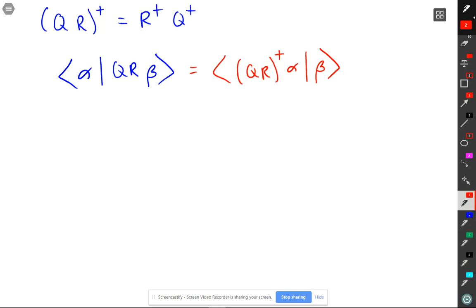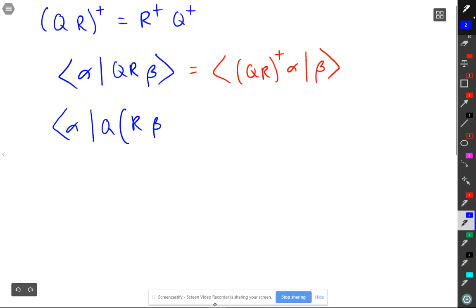Another way would be to use the properties we've seen of our vectors, that this is the same as, we often put a line here, of R acting on beta. So Q is acting on R beta.